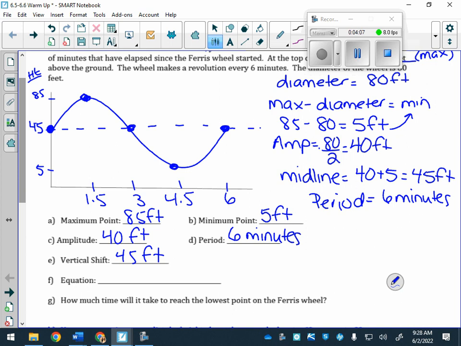Good. Okay, if you wanted to draw a picture with a circle, some of you did, drawing the Ferris wheel, you can show that we're 5 feet above the ground, the maximum is 85, do the halfway point, and knowing that it's going counterclockwise.